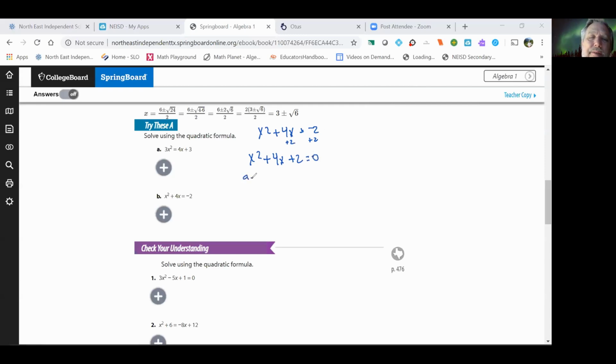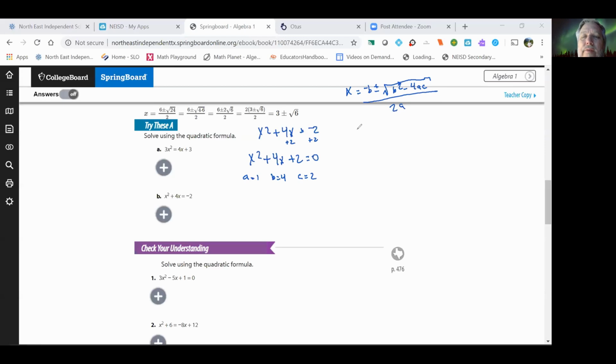That means my a is going to be equal to 1, my b is going to equal 4, my c is going to equal 2. The formula is x is equal to negative b plus or minus the square root of b squared minus 4ac, all that over 2 times a.